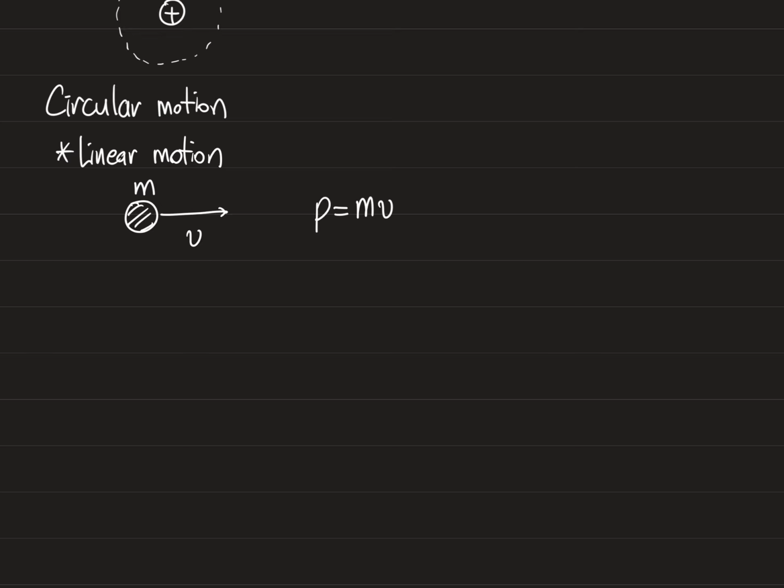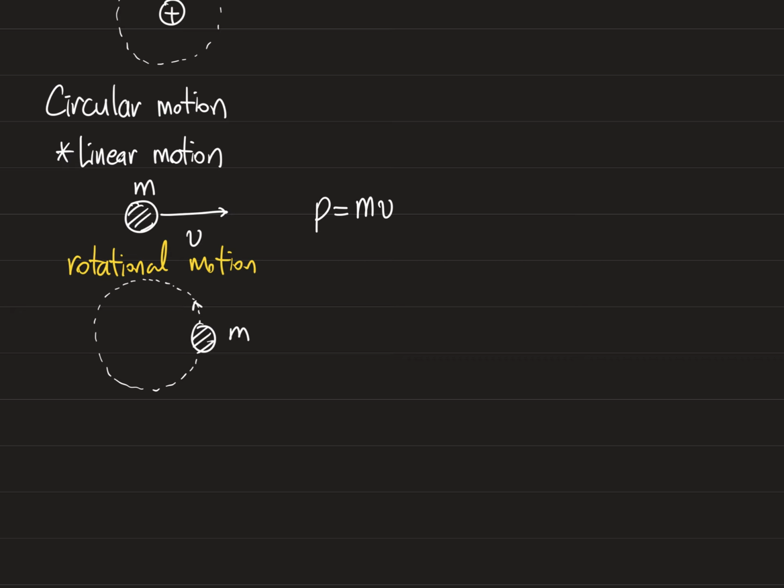So there is an object with mass m, but now it is moving on a circle like this. It still has mass and it still has velocity, but its motion is now rotational, right? So for this, we need a new set of descriptions.